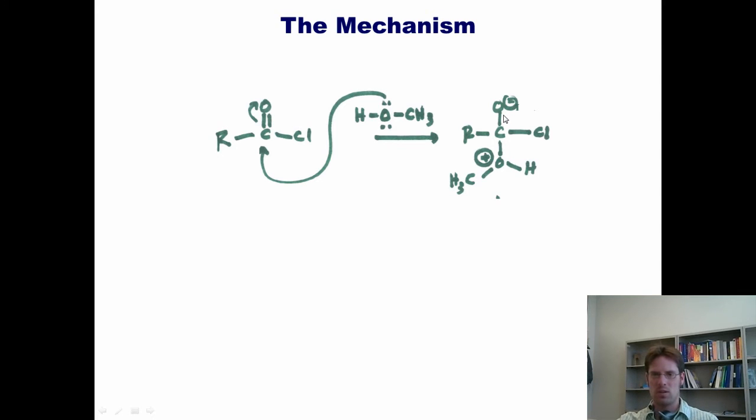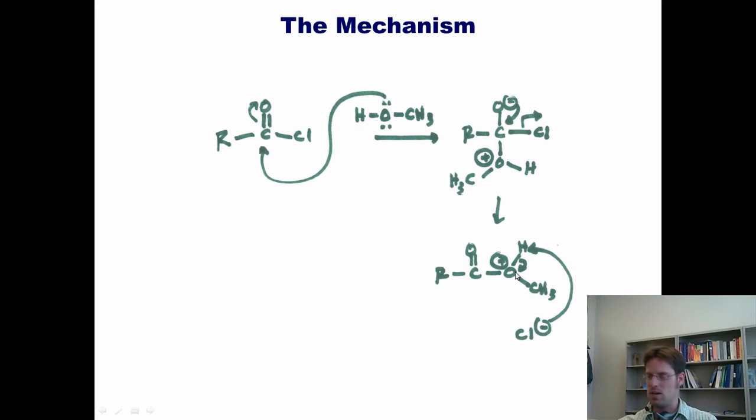Once I get to that tetrahedral intermediate, the electrons on the oxygen come down and kick off my chloride leaving group, giving me this temporary intermediate. To neutralize this oxygen, the chloride then comes, grabs that proton, and pushes these electrons into the oxygen. That gives me my final product, which is an ester, and hydrochloric acid as a byproduct. Hence, we can see that we can also form an ester from an acid chloride using a neutral alcohol rather than a methoxide or an alkoxide anion.